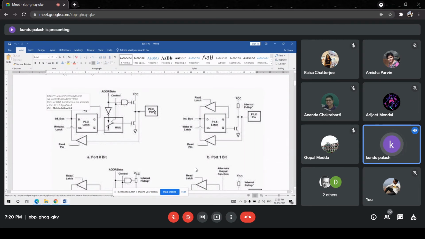But during the write operation, that means when the signal will flow from left side to right side to the external world, this buffer should be disabled and this buffer should be enabled, or D flip-flop should be enabled. So in that way, the P0 port can act as an input and output port.